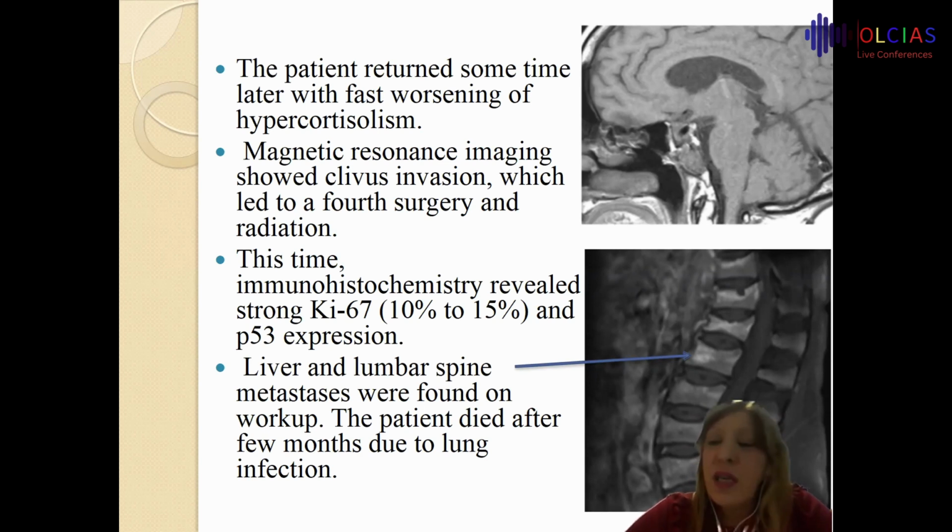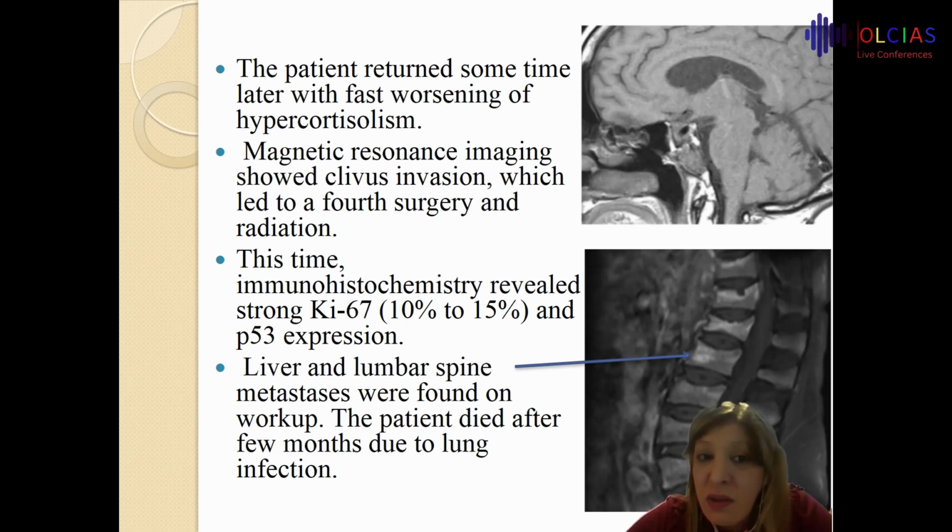At the first surgery, Ki67 was less than 3%, and here with the 4th surgery, Ki67 is between 10 to 15%, and we have also a strong expression of P53.